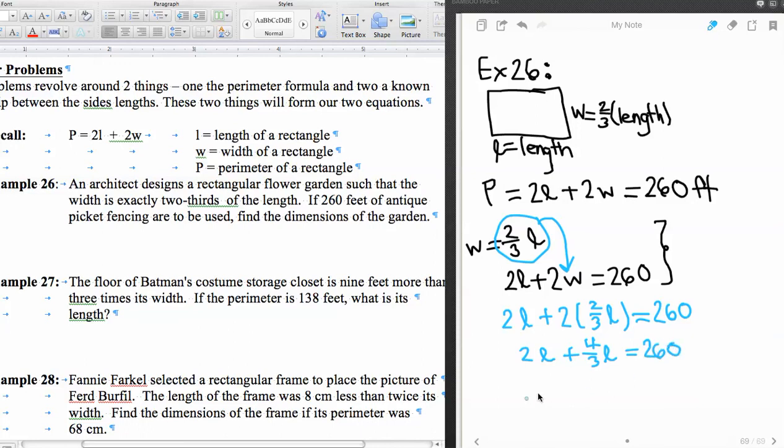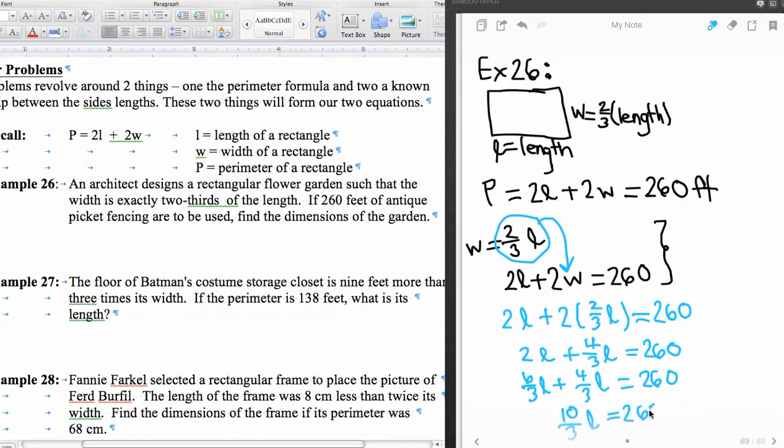We can work with the fractions, or we can clear the fractions. If we work with the fractions, this is 6/3 L plus 4/3 L, and that's equal to 260. So that's 10/3 L is equal to 260.